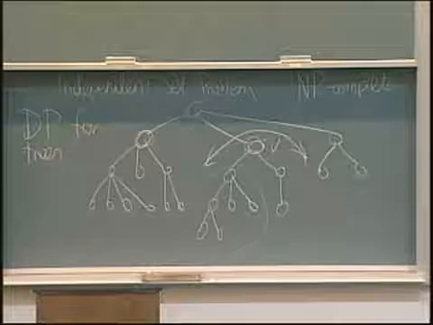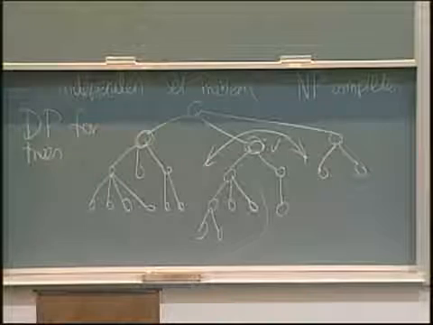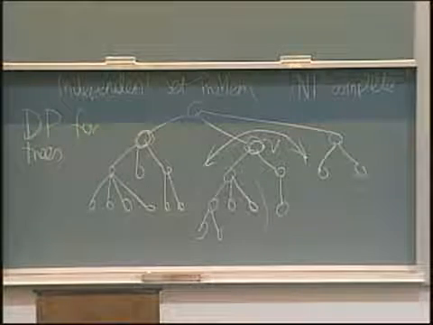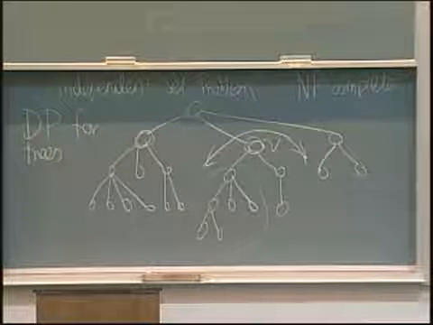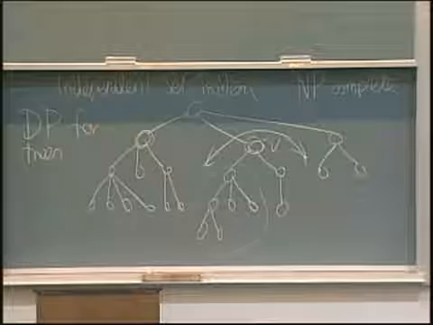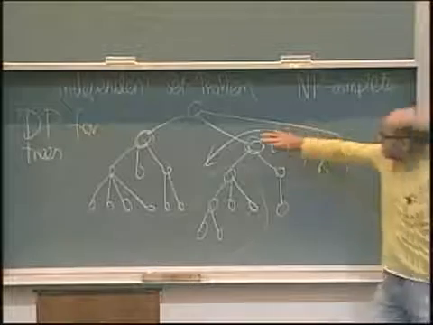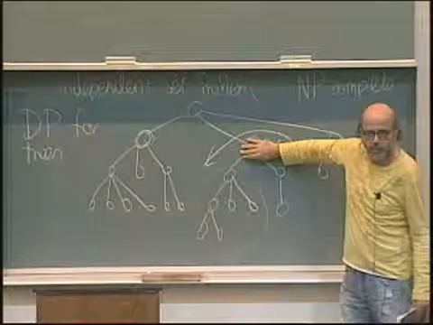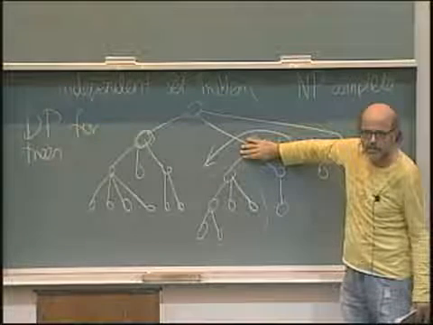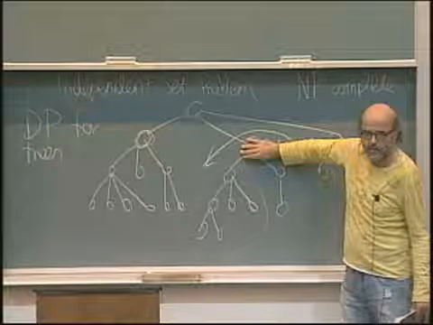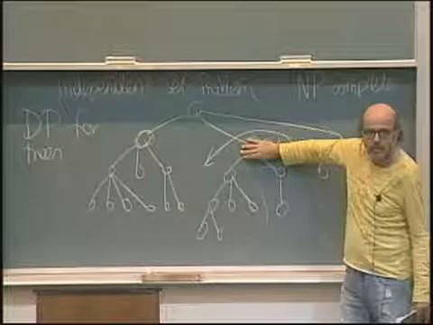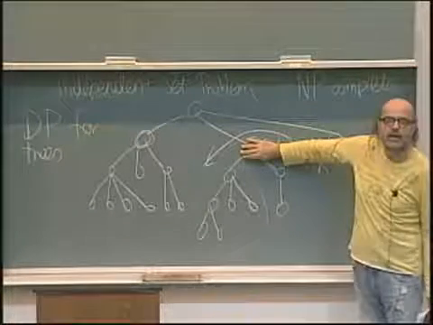Either V participates in the maximum independent set or not. Okay? So if V does not participate, what is the answer? What do you think the answer is?